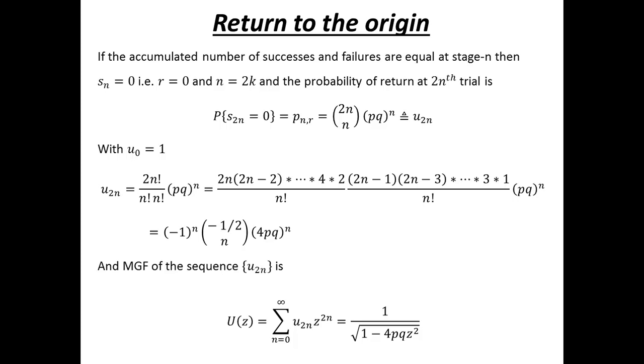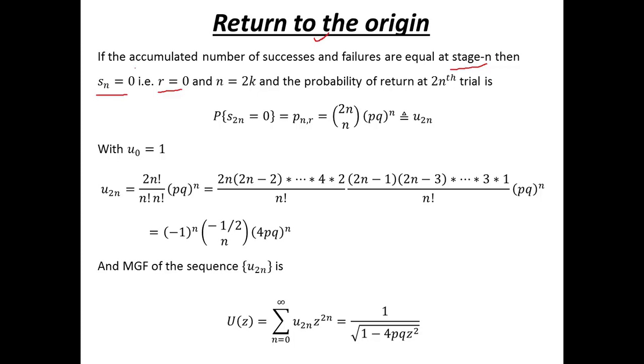Now let us consider how we can determine the return to zero scenario. Return to zero means after the nth trial, if Sn becomes equal to 0, that is r equals 0, we can call that the case of return to 0.